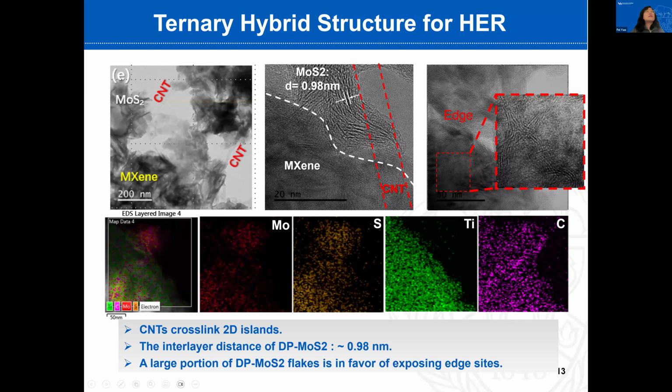You can see we have MoS2 MXene islands and a nanotube bridging these two islands, which can promote the overall conductivity of the network. The interlayer distance was extracted from the TEM image, and we found that the MoS2 showed an interlayer distance of around 0.98 nanometer. Also, we have a lot of edge planes exposed through this wet chemical synthesis method.